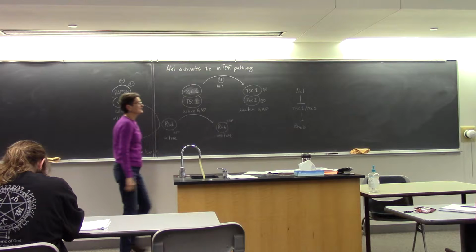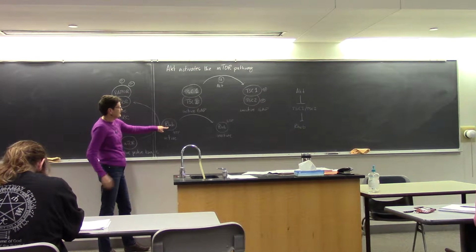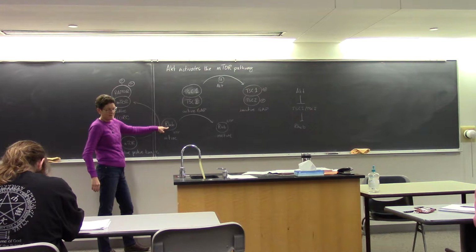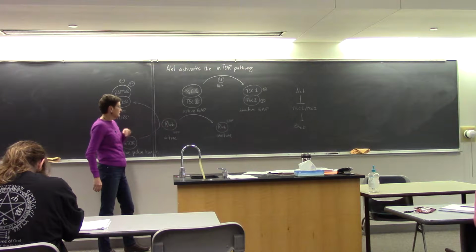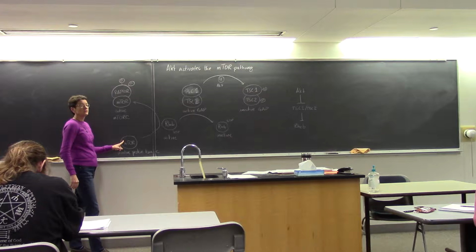So you're inhibiting the inhibitor. So we have Rheb that now is stuck in the active form. Does that make sense? You got to there? And what that means is that there's going to be a lot of mTOR activation.